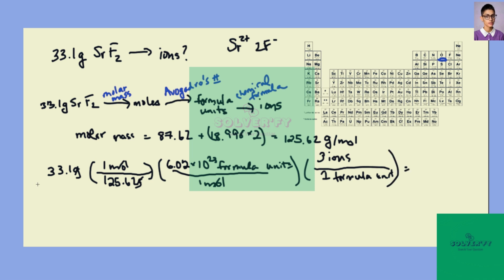So we multiply 33.1 times 6.02 times 10 to the 23rd times 3, and then divide by the molar mass, which equals 4.76 times 10 to the 23rd ions.